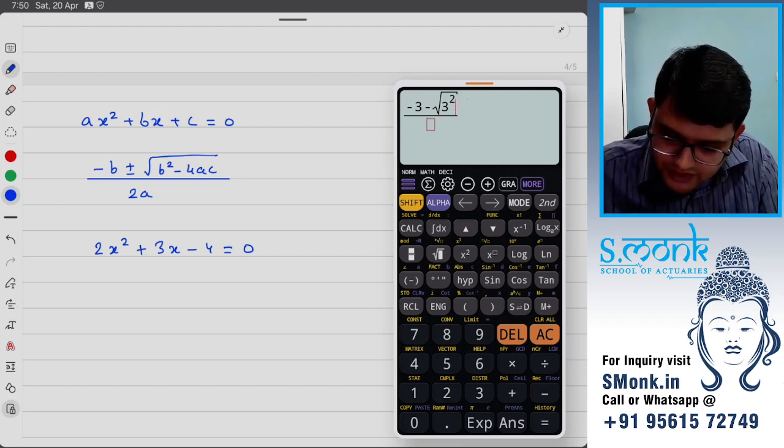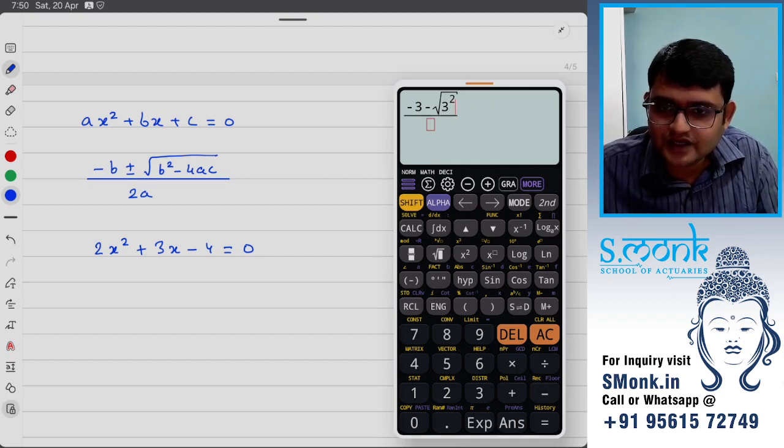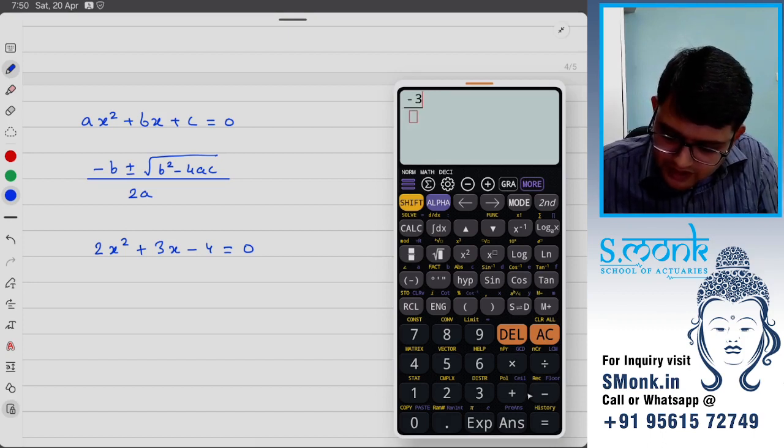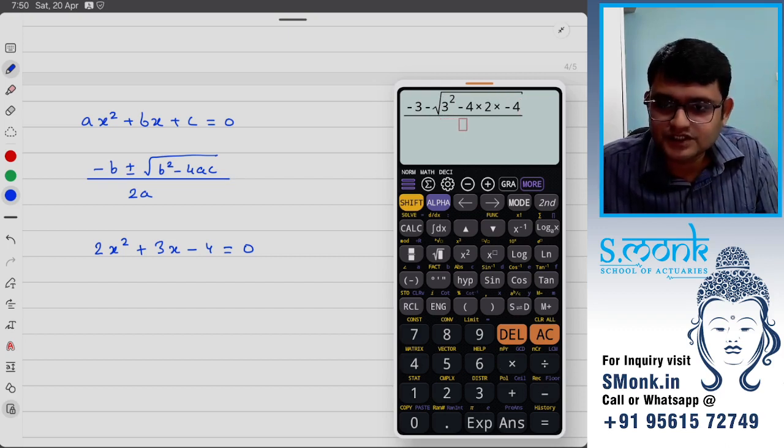It just happened because I was navigating here and there. It would not happen, I'll show you from the beginning. So fraction, then minus 3 minus root 3 square, and then minus 4 into 2 into minus 4. Okay, c is minus 4.